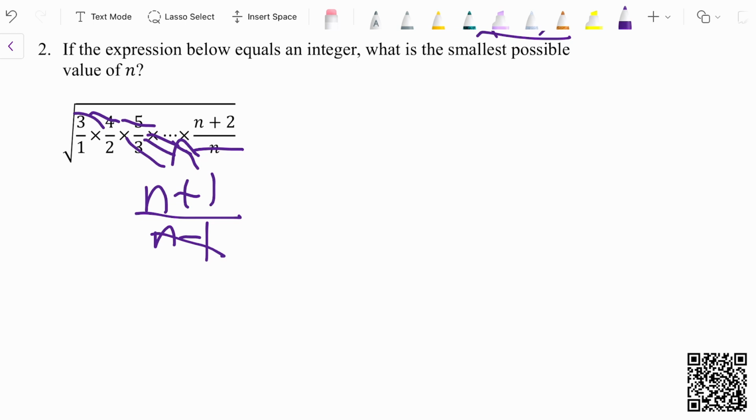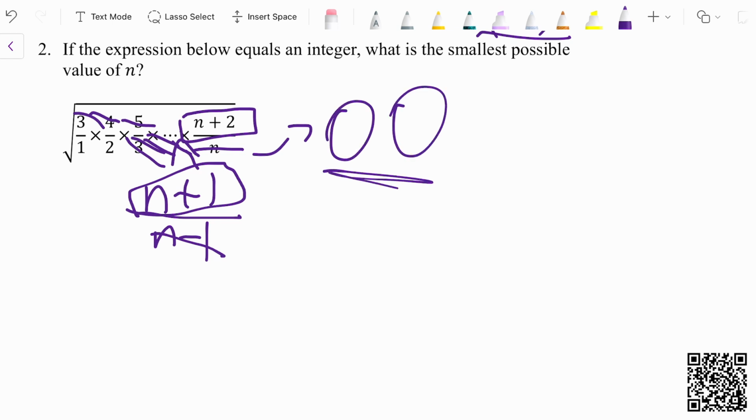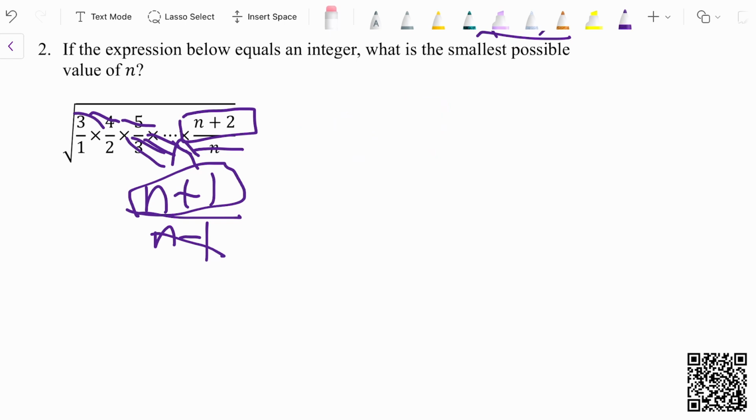And the same with n. But their tops are never going to be simplified out, because in front of them, it has to jump 2. But n plus 1 only has one thing in front of it, and n plus 2 has nothing. So there are 2 blank spaces that they can simplify out with. So basically, they can't. So that means that on the top, everything else will be simplified.